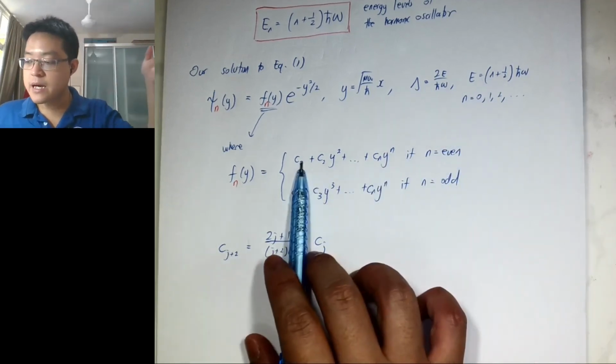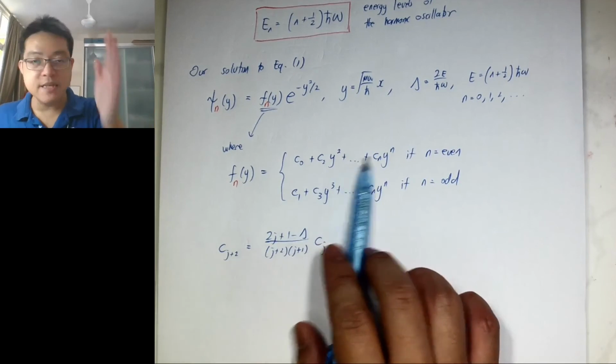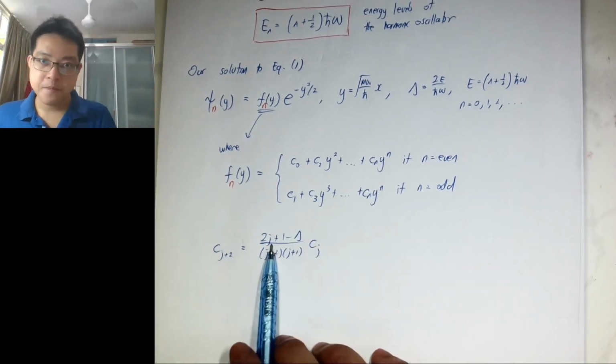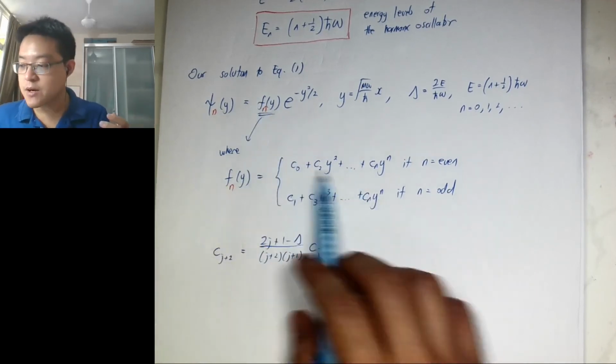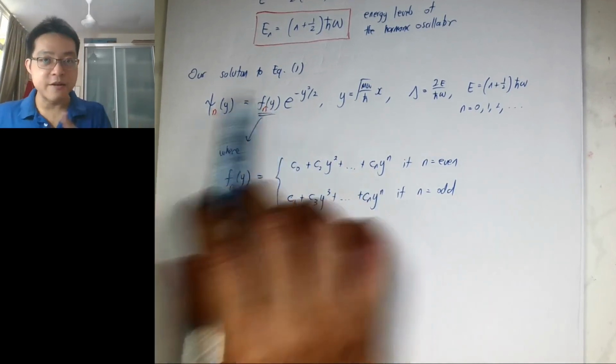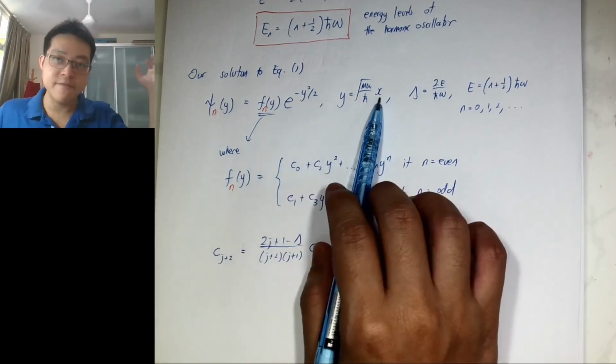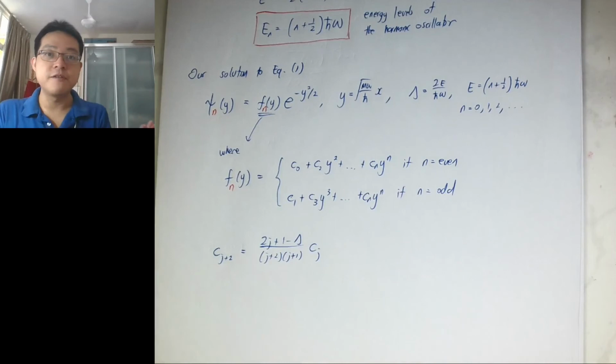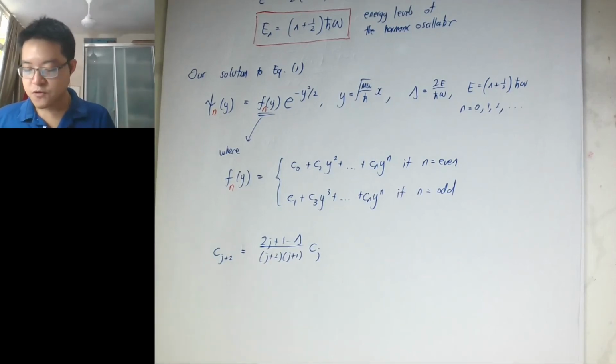Then I get C0, C2, and then C4. So I use this to determine C0, C2, C4, right? And then once I get this polynomial, I have the full solution. And then as a final step, just change everything back to a function of your original variables, and that is our solution to our harmonic oscillator.